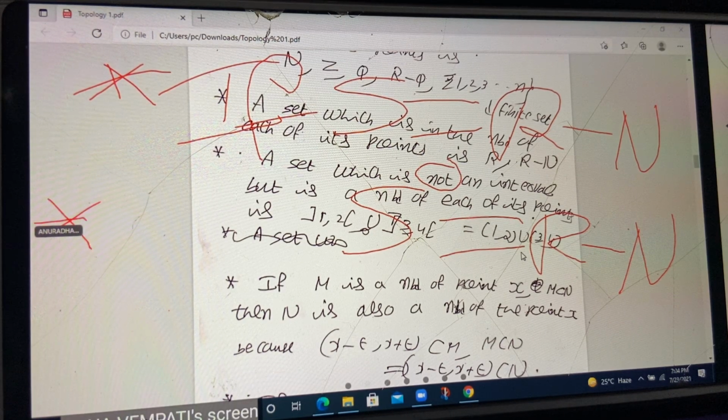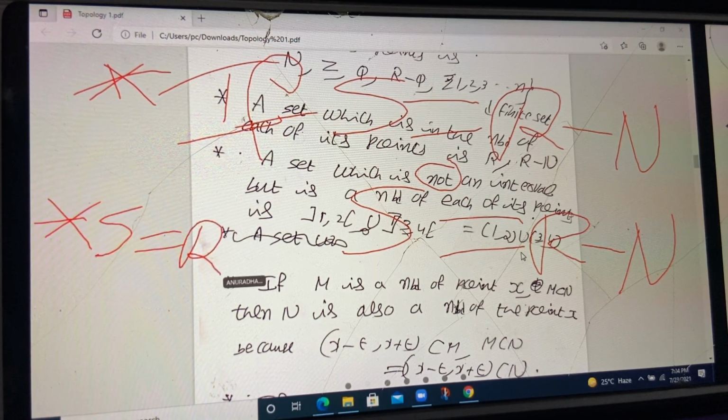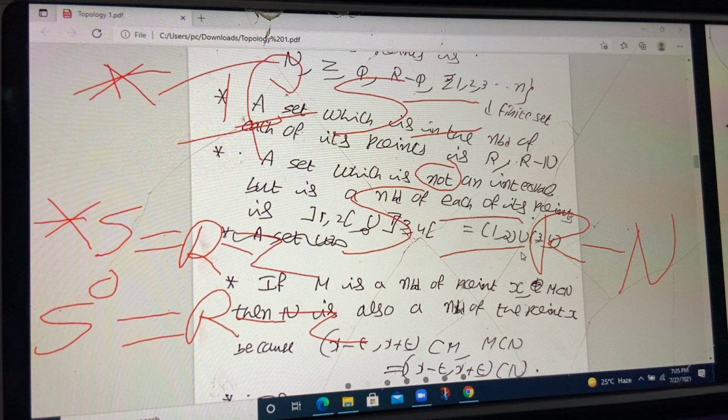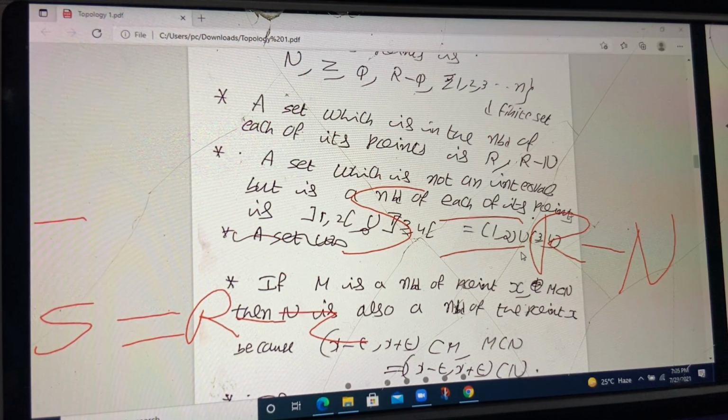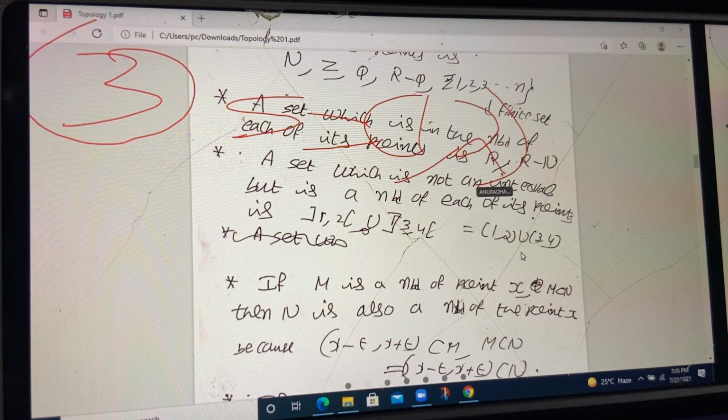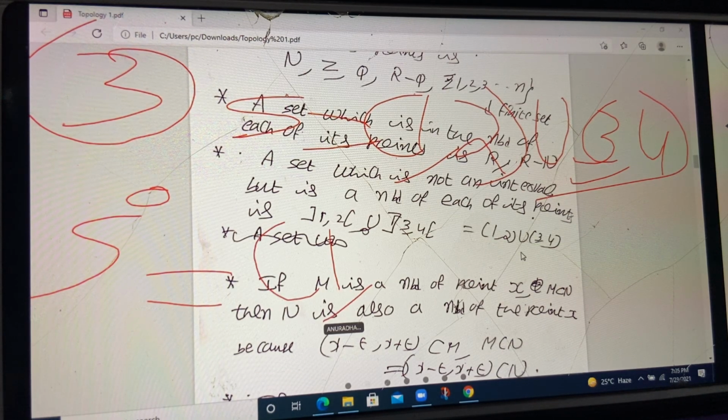Next, if S is equal to R minus Z, then S interior is R minus Z. Next, if S is equal to number 3, (1, 2) union (3, 4), then S interior is itself, (1, 2) union (3, 4).